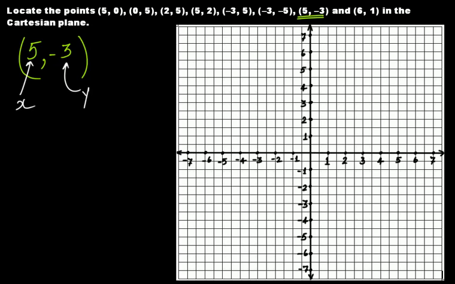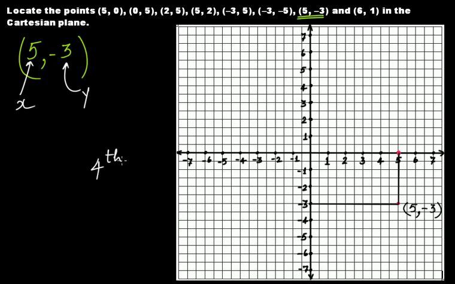Okay, so in the positive direction of the x-axis you have to travel 5 units, so that comes here, and from this point 5 you have to travel 3 units in the negative direction of the y-axis, so that comes here. So if you connect this, this is the point (5, -3). Now if you notice, this is in the fourth quadrant.